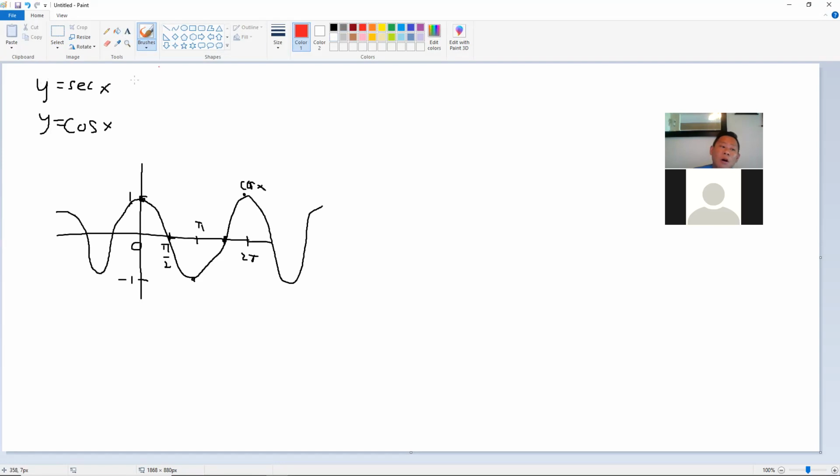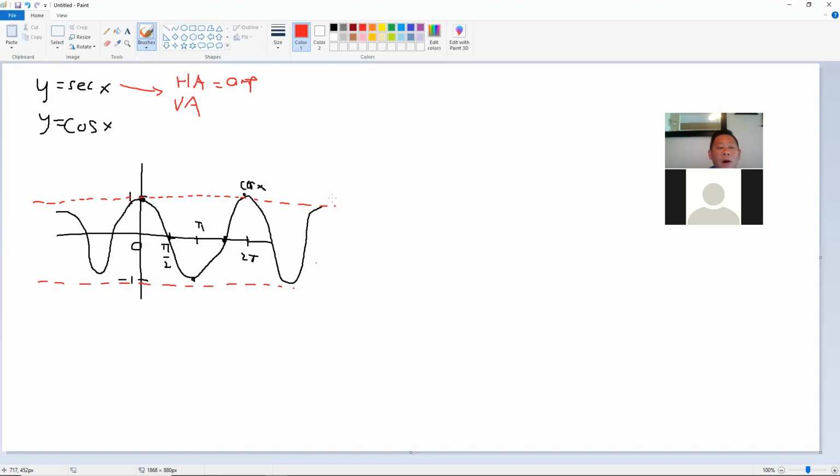So what is going on with the secant graph in this case is you have to do two things: your horizontal asymptotes and your vertical asymptotes. Your horizontal asymptote, which is the one that goes horizontal, is bound by your amplitude. Since it goes from -1 to 1, your horizontal asymptotes will be bounded at 1 and -1.